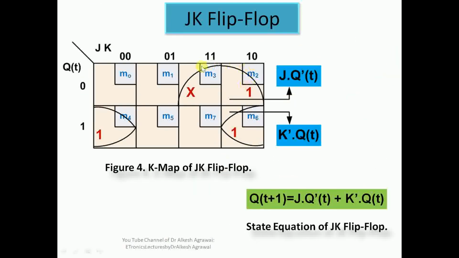So we have one group of these two minterms through which we get J and Q complement T, and with this group of minterms M4 and M6 we get K complement QT. Combining these two we get the state equation QT plus 1 is equal to J Q bar T or K bar QT. So this is the state equation of the JK flip-flop reduced through this K map.